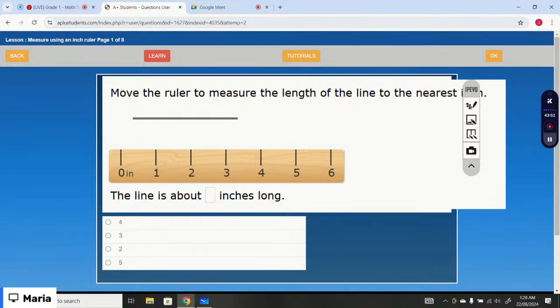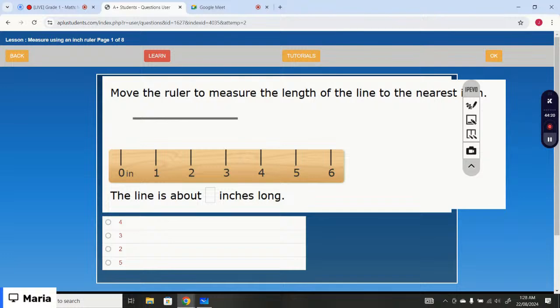Move the ruler to measure the length of the line to the nearest inch. So, which is the correct option? So, you have to line up the ruler and the line, right?